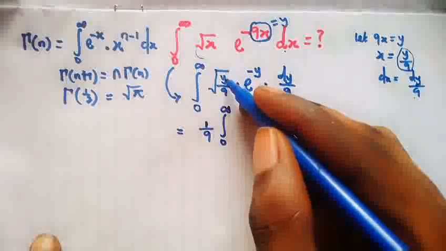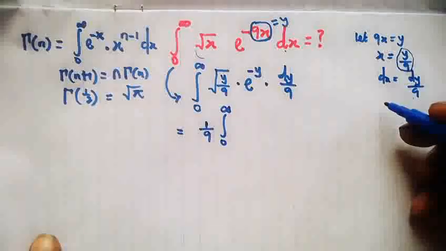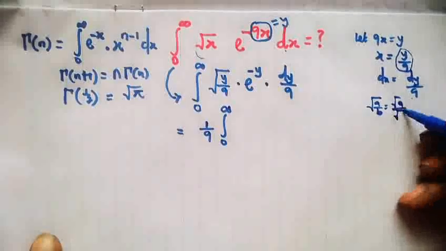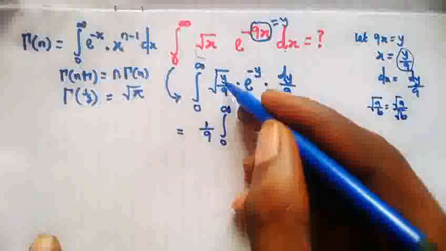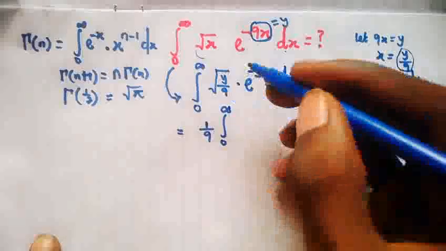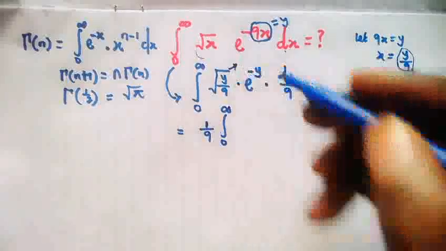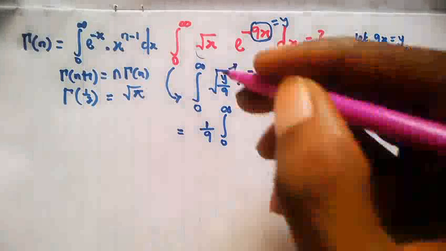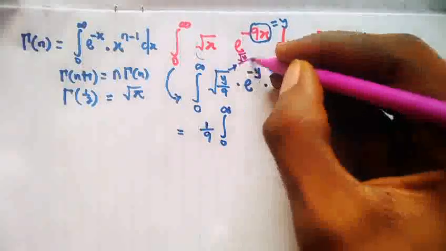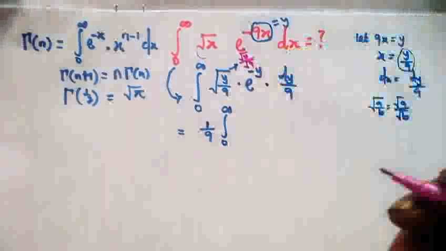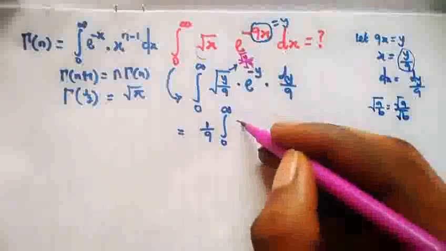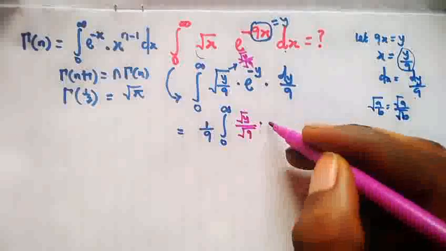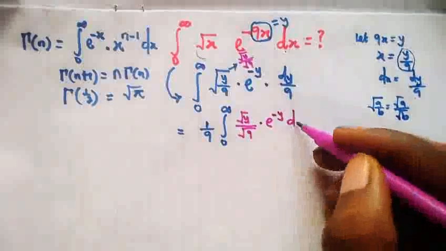Now the square root of y all over 9, with the indices law that the square root of a over b is equal to the square root of a over the square root of b, can be written as the square root of y over the square root of 9, times e raised to power negative y, then dy.